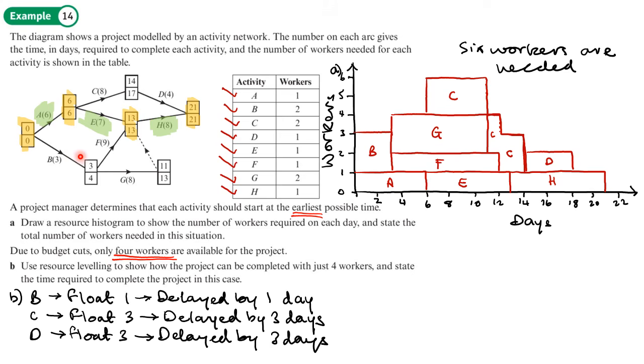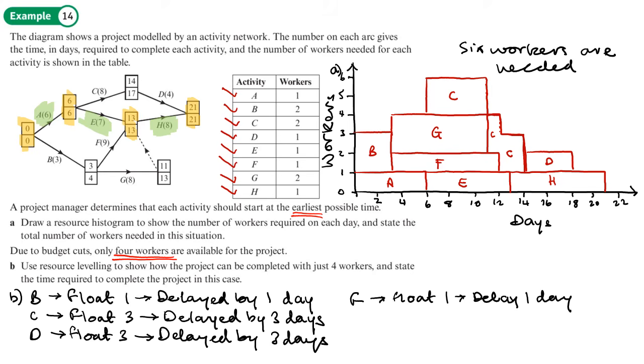The other activities we have, so E, F. Let's have a look at F. So that has a float of 13 minus 9, which is 4, minus 3 is 1, so it's got a float of 1. So we can delay that by 1 day.